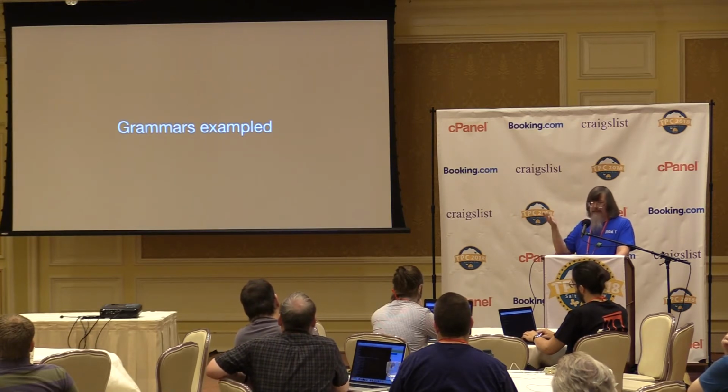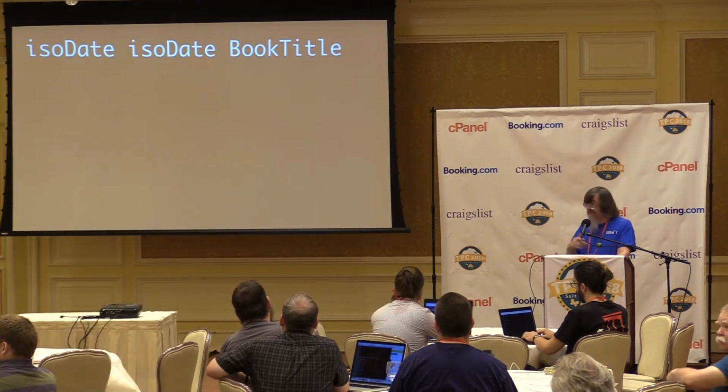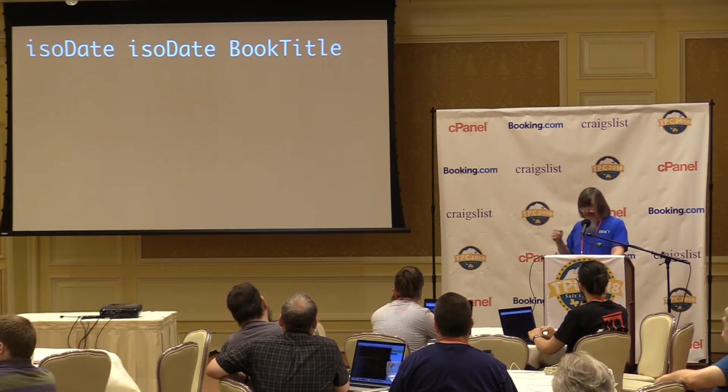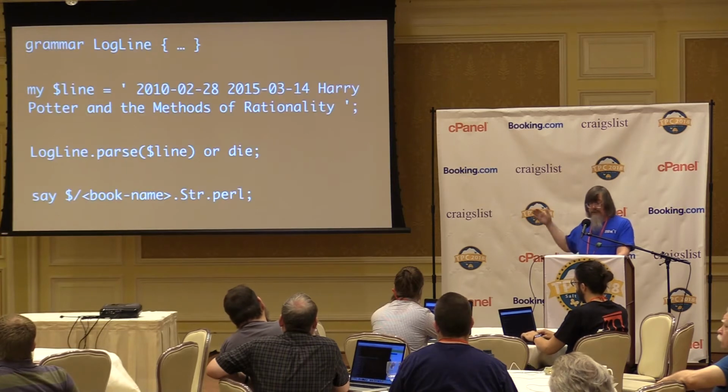So let's take as an example a reading log: start date, end date, and the title of the book that you were reading, with white space separating. Like that. So we need a grammar to reflect that. And if it's good, then we can just do this.